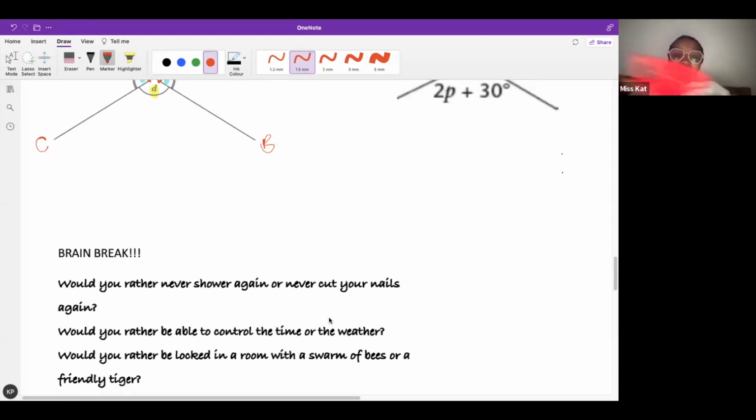But ma'am, I'd rather stay with the tiger. It's friendly. It'll be fine. You'll be okay. Ma'am, I hate dogs, so why would I want a tiger? Nah, ma'am. The swarm of bees is fine. I won't move in that room. I'll be standing still.